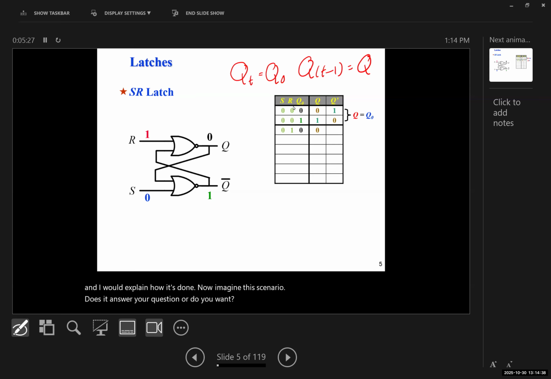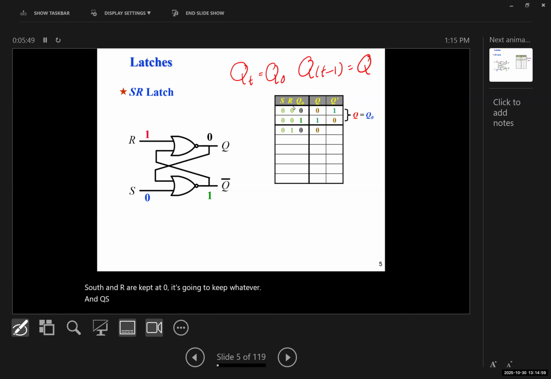So this is Q0, S0, and R0. They are just arbitrary. We pick them randomly. When you turn it on, you can measure Q0 randomly, maybe 0 or maybe 1. But as long as S and R are kept at 0, it's going to keep whatever Q is.